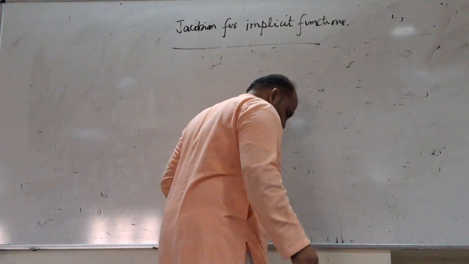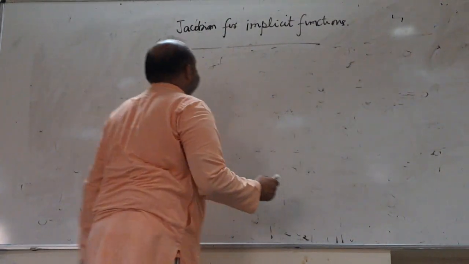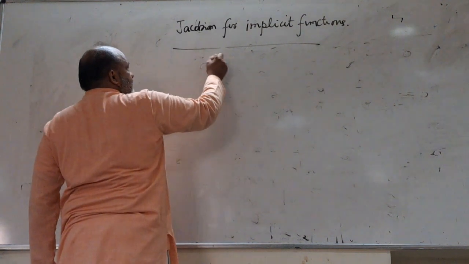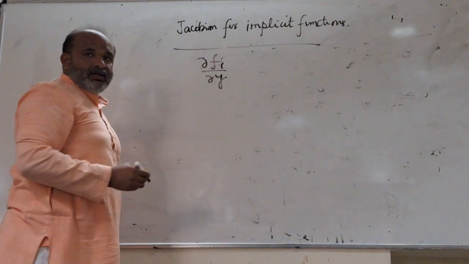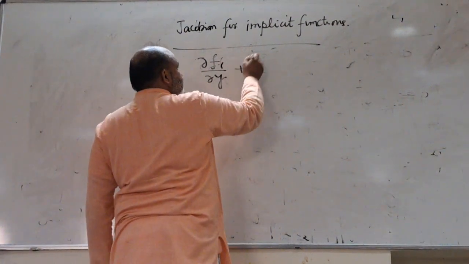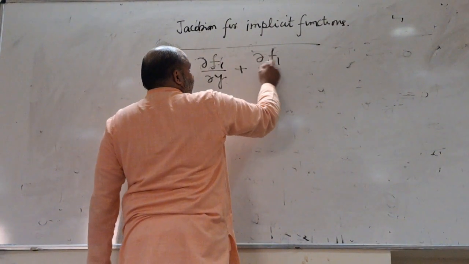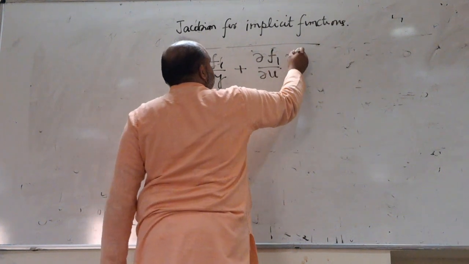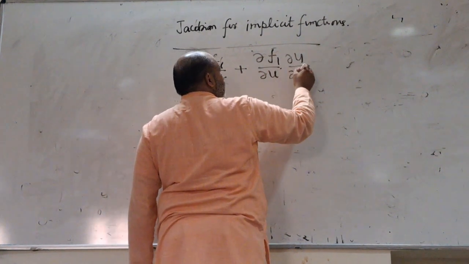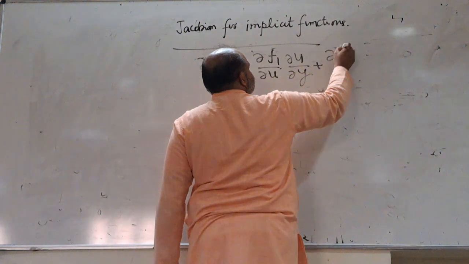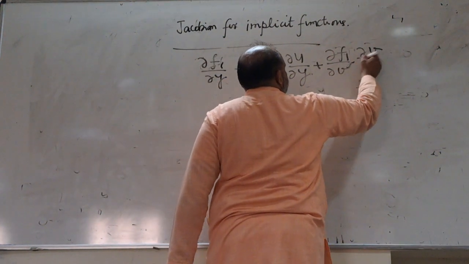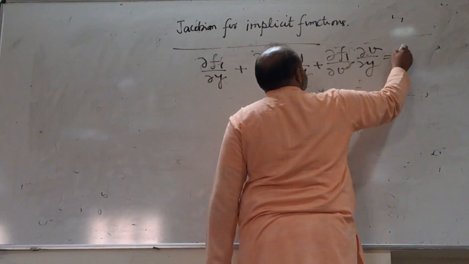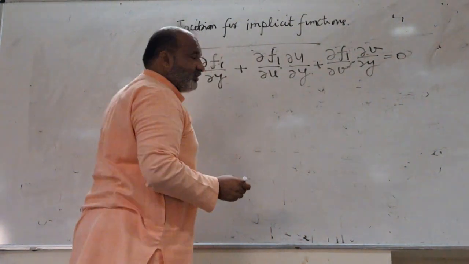So now what is equation number 2? That is del f1 over del y plus del f1 over del u into del u over del y plus del f1 over del v into del v over del y. This is equal to 0.